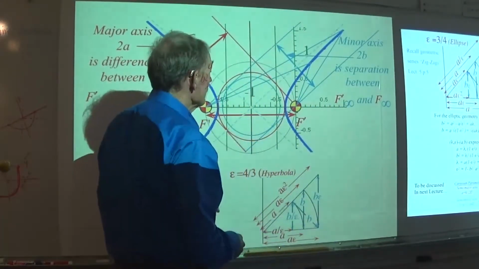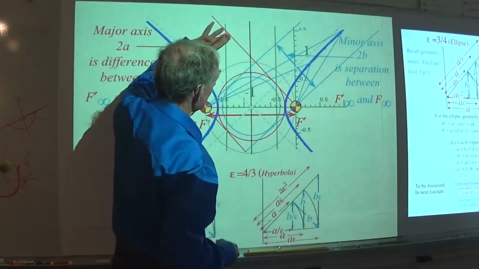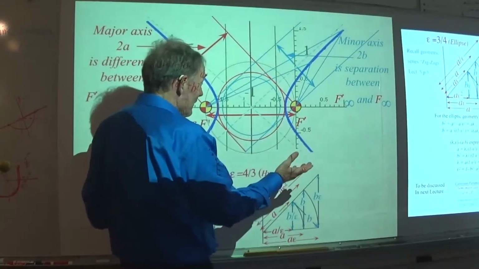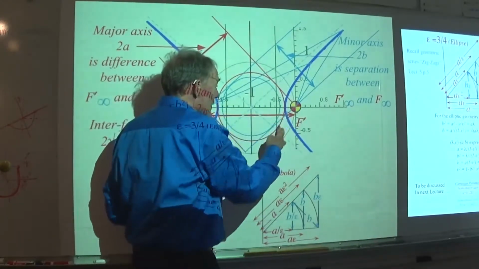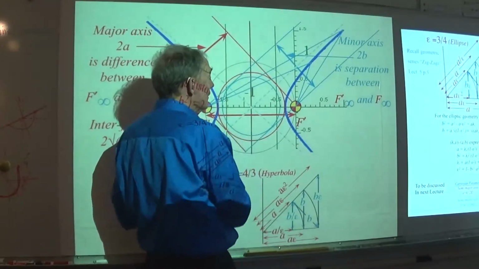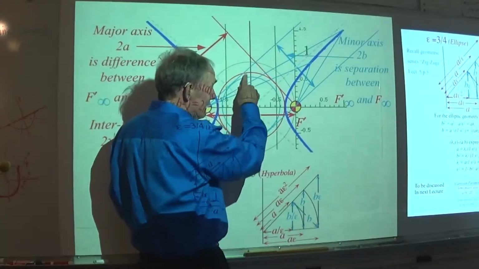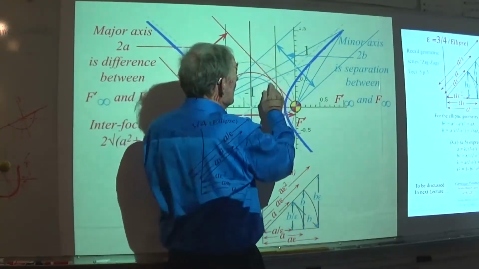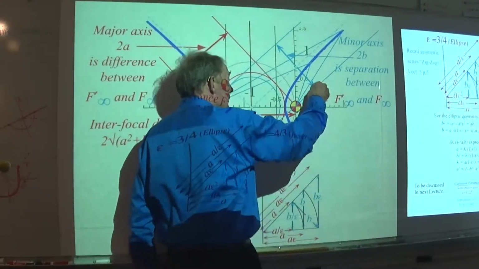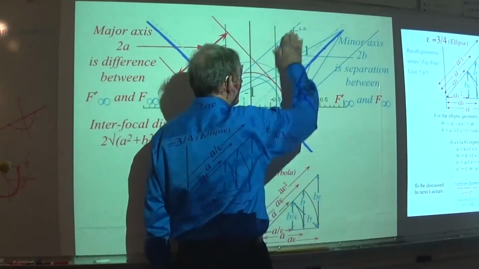And the thing that's of interest is the distance from here to the center line. That's A, the so-called major radius, right there. Meanwhile, the minor radius, which is this one, B. This is 2B right here, and that's the distance perpendicular to where the strings would be at infinity.